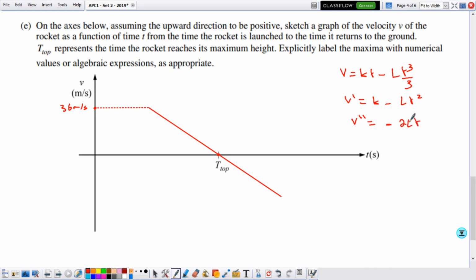And as you can notice, this is negative, which means that the curve would be concave downward, and we'll connect the initial point to the final point with a downward concavity like that.